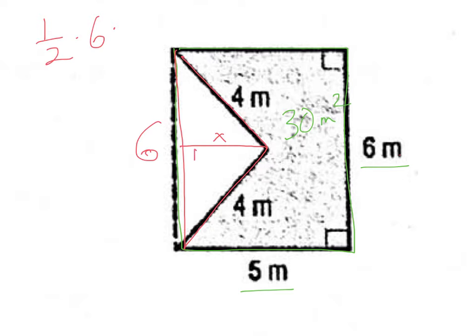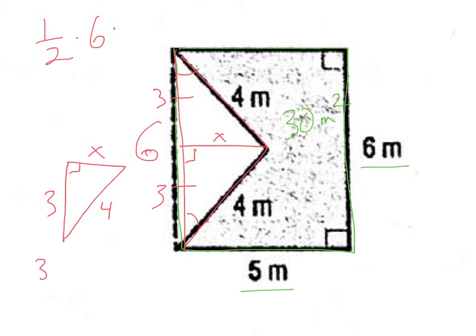Now it's a right triangle. That's 4. We also know that since it's isosceles, the altitude is going to be congruent. So this is going to be 3, and that's going to be 3. So we end up with the triangle, and I'll redraw it, with a side of 3 and a side of 4, and we're trying to find out what x is.